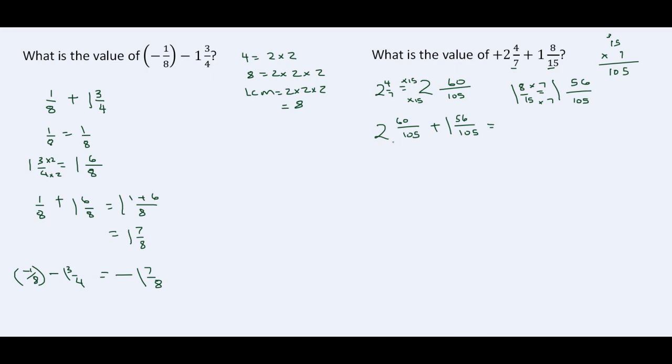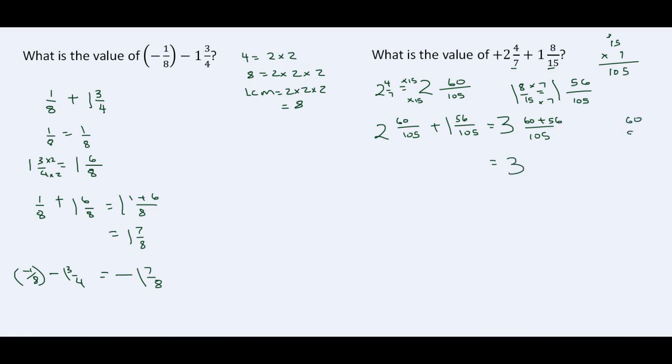So now we're going to add the whole numbers together. So that's going to give us 3. Our denominator is 105. Then we have 60 plus 56. Let me write that a bit better so it doesn't look like 604 56.